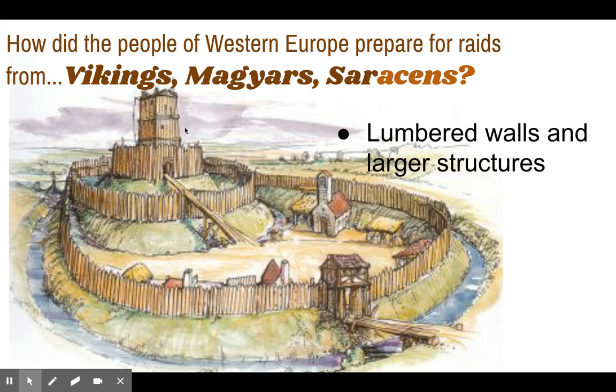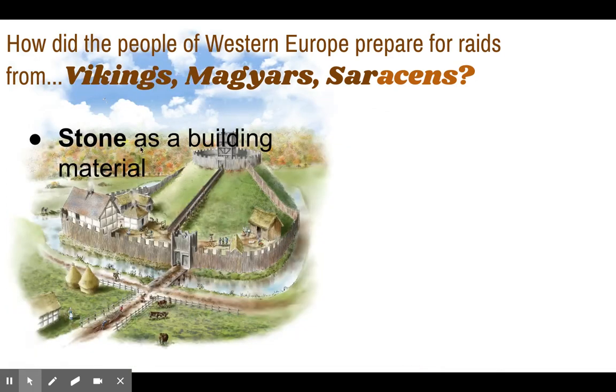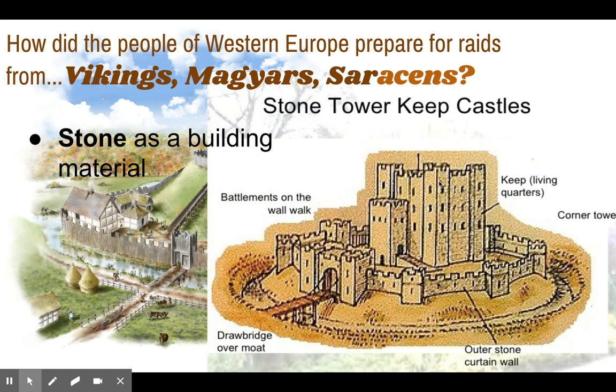And then, of course, they had just larger and larger structures, okay? And as you can see here, the idea of a moat as another defense. And then, of course, stone. They started to quarry stone and build things out of stone, okay? And so we have castles.